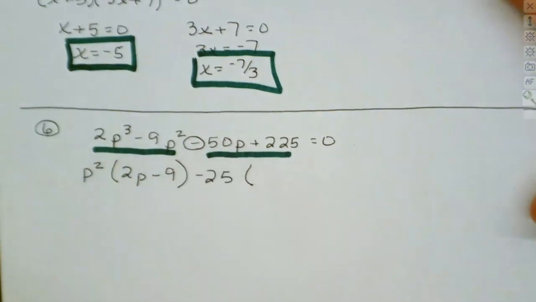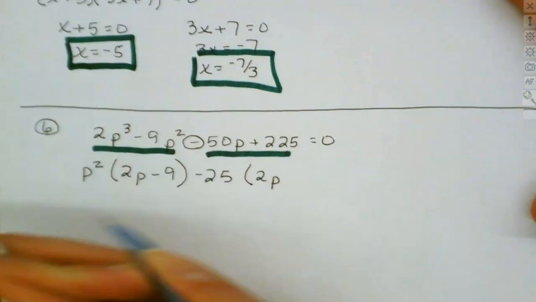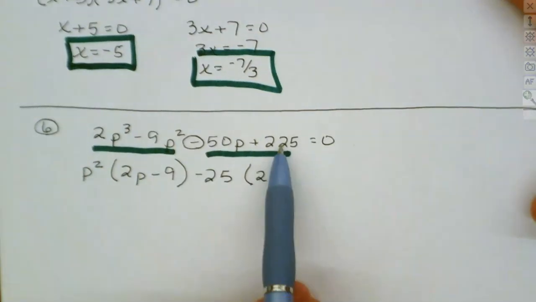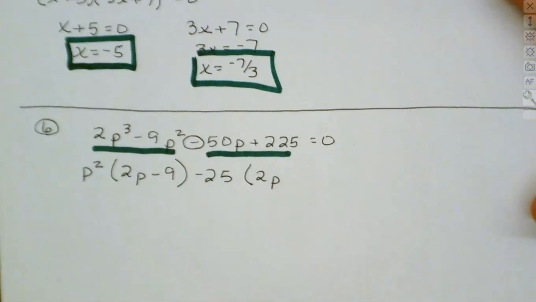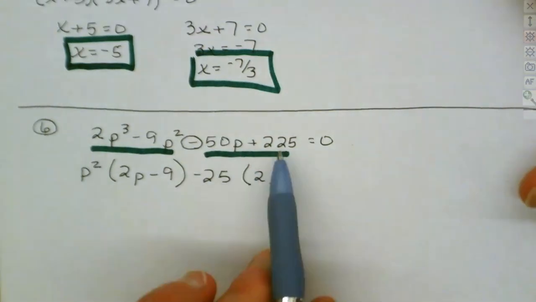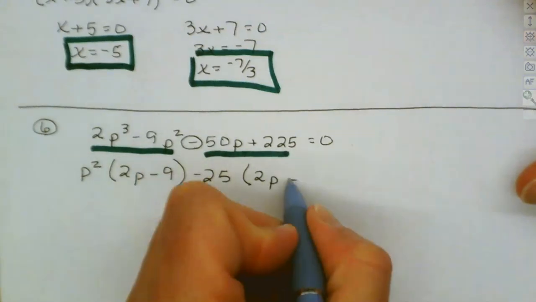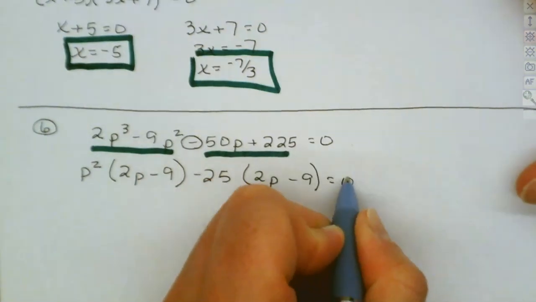And 50 divided by negative 25, negative and negative, makes that positive 2p there. 225 divided by 25, that should come out to be, did we do it correctly? Yep, that comes out to be a 9, doesn't it? Right, 225 divided by negative 25 makes it a negative 9. Is everyone all right with that so far?